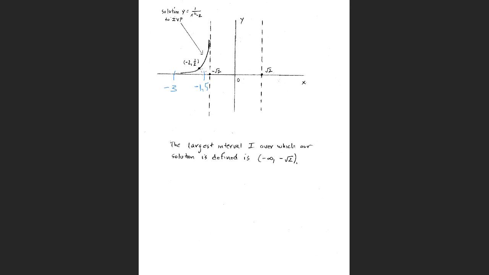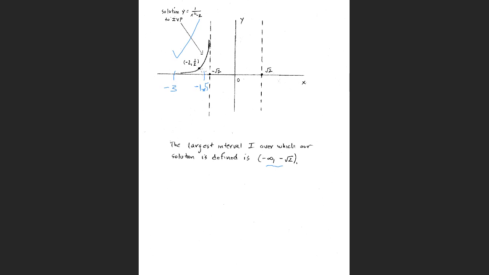Remember, negative root 2 is about negative 1.4. Does the solution exist on that interval? Yeah, it does. But is that the biggest interval over which the solution exists? No. The biggest interval is this entire partition, which goes from negative infinity to negative root 2. An open interval, of course.